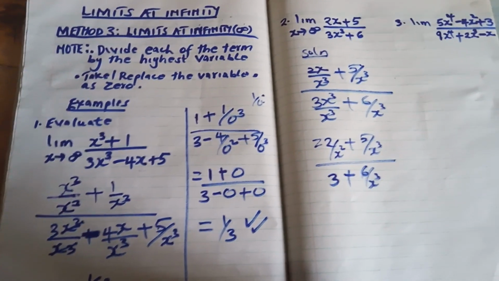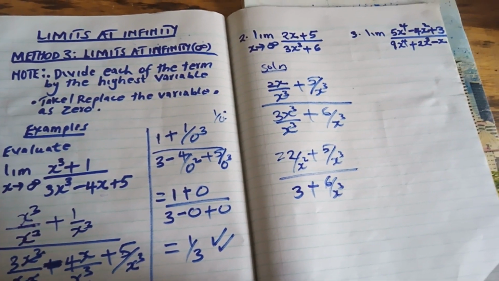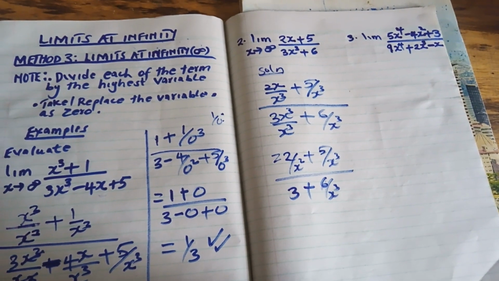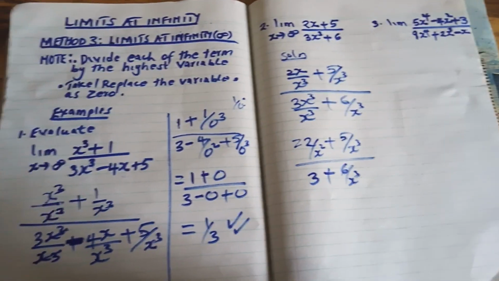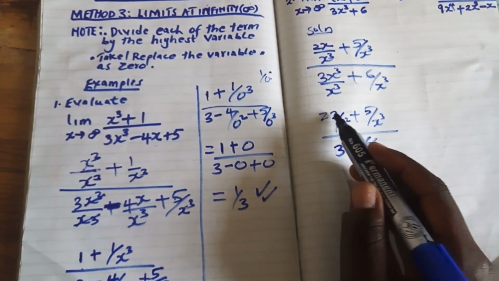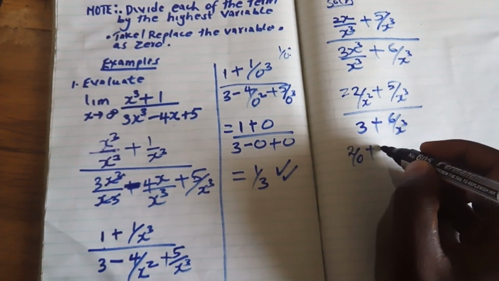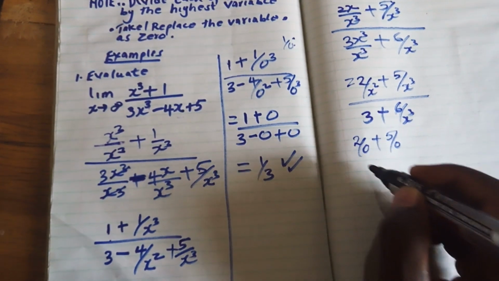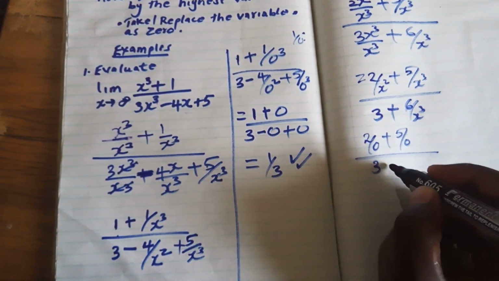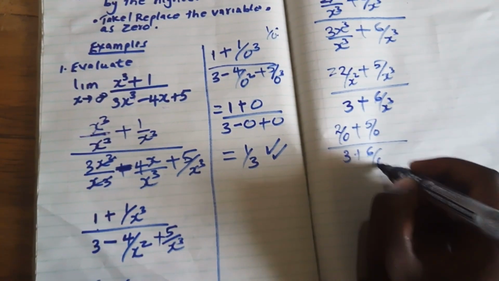In doing that, we have to replace the value of x as 0. Then this one will be 2 out of 0 plus 5 out of 0, over 3 plus 6 out of 0.